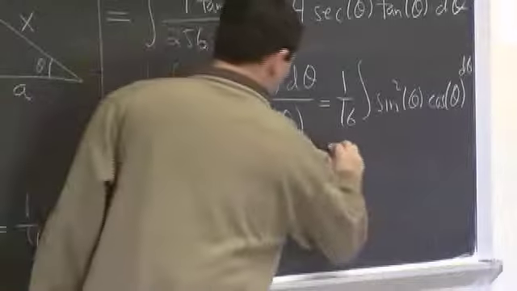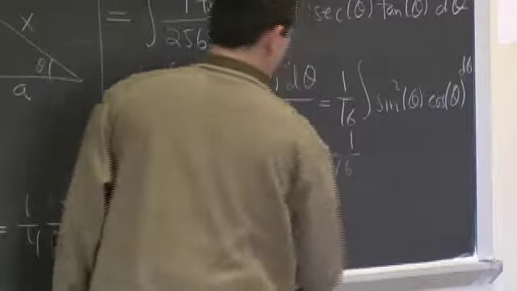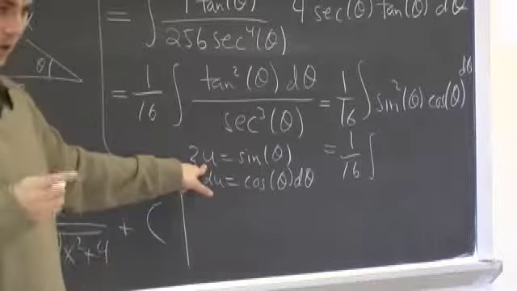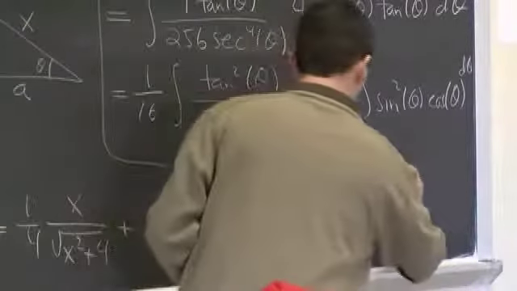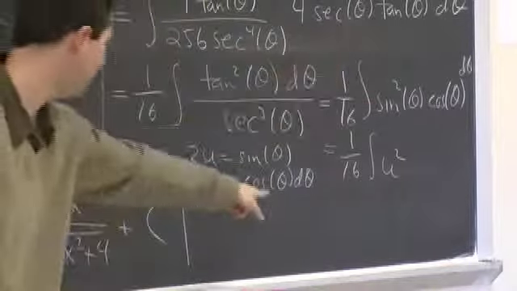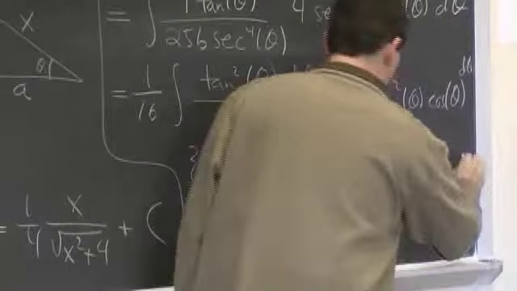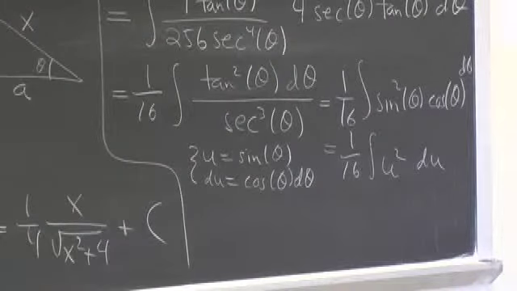So this thing can be rewritten as 1/16 the integral of, well, let's see, sine squared is now U squared. And cosine theta d theta is just du. Look at that. How clever we are.